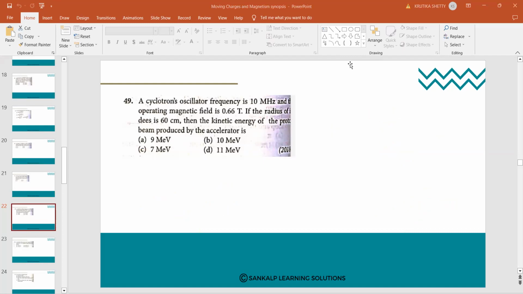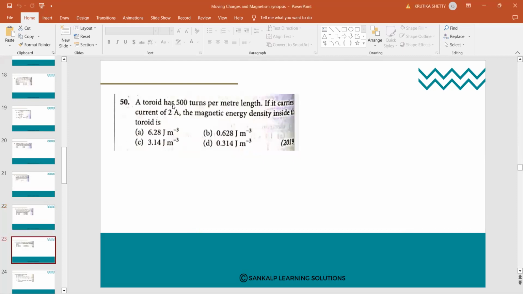Okay, the next question is, a toroid has 500 turns per meter length. If it carries a current of 2 ampere, the magnetic energy density inside the toroid is. So the energy density, we have the direct formula for this. The energy density in case of the toroid is given by E is equal to 1 upon 2 mu naught into B square. So B for the toroid, the magnetic field is given by mu naught n into I whole square.